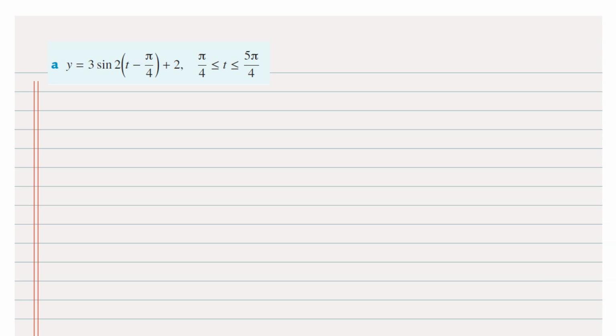To do this, firstly recall the equation of a trig function that's been dilated and also translated. We've got y equals a sine n(t plus or minus epsilon) plus b.